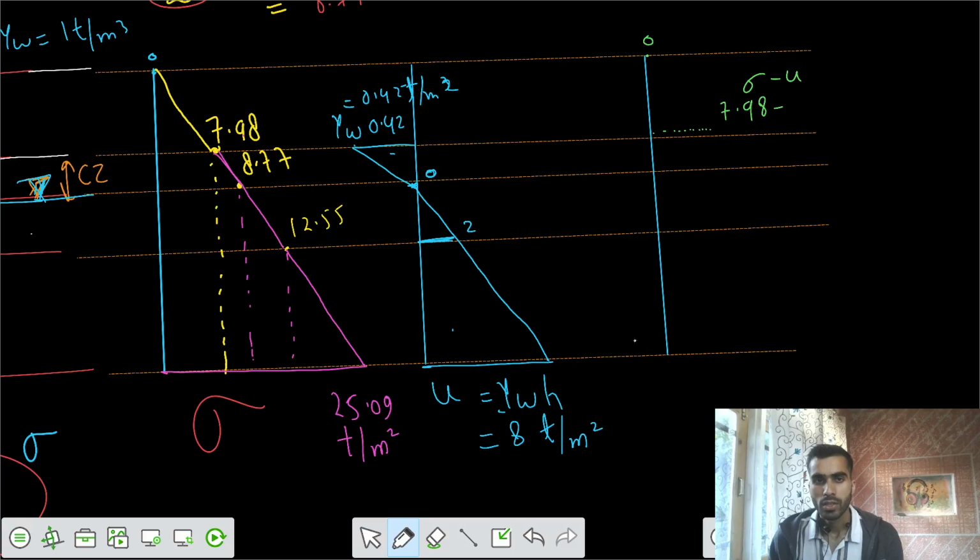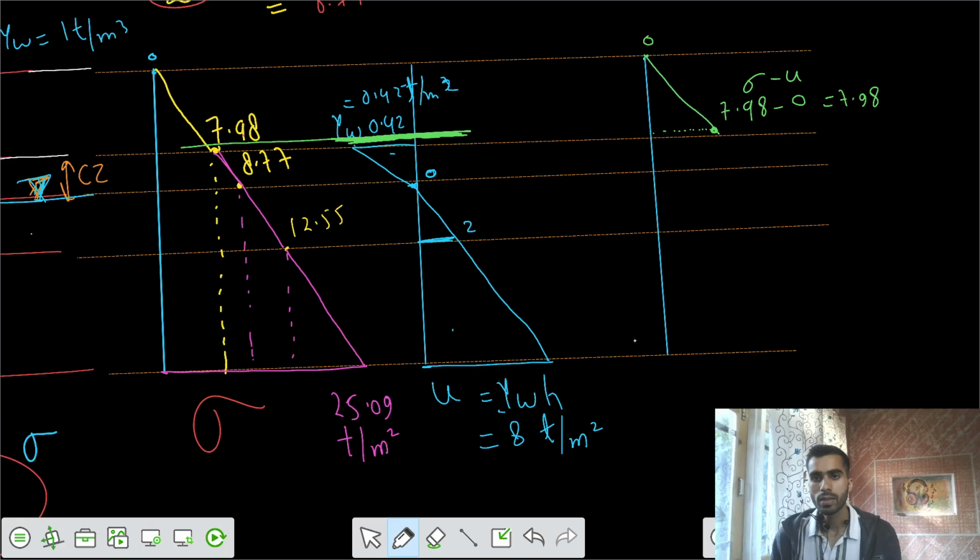Just above that level, what is the pore water pressure, can you tell me? Is that zero? So the pore water pressure at that location is zero, and the effective stress is the difference of the two, 7.98 final value.